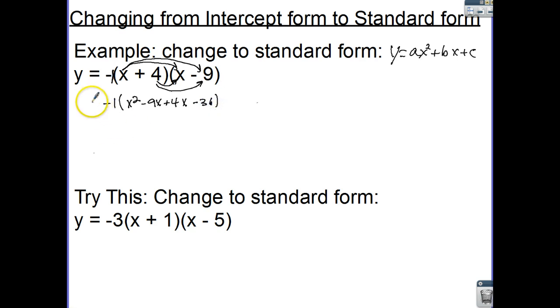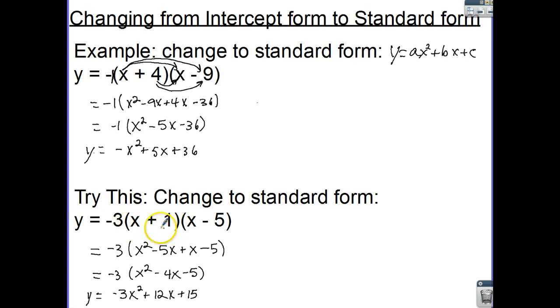Collecting like terms in here, -1 times x squared. A -9 and a positive 4 is -5x minus 36. And then multiplying through by the -1, we have negative x squared plus 5x plus 36. And we have changed it from intercept form to standard form. Okay? Go ahead and try this one.